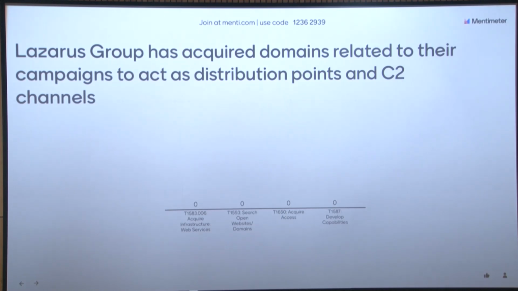So, the next question is: the Lazarus group has acquired domains related to their campaign to act as a distribution point and C2 channel. You have to select one possible TTP which is reflected in this sentence or behavior. I am assuming that people have practiced this mapping of sentences to TTPs.